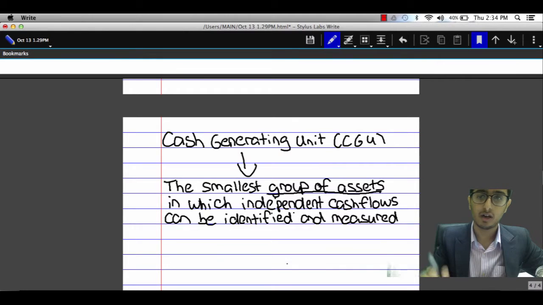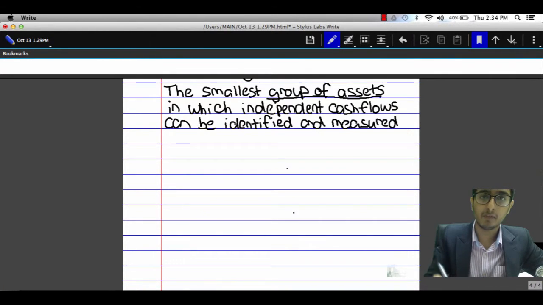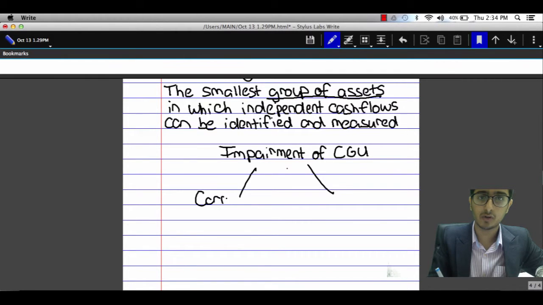Okay? Now, when it comes to the impairment of a CGU, we still follow our basic rule. We compare two things again. One is the carrying value of the assets. This is the individual assets, of course.